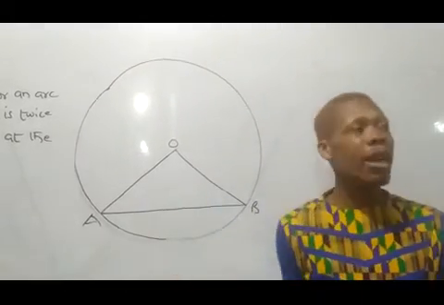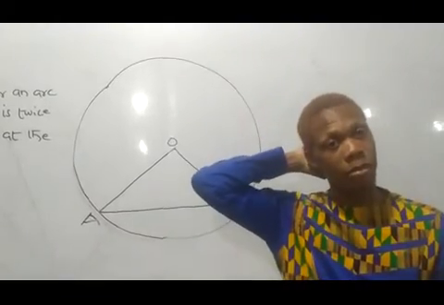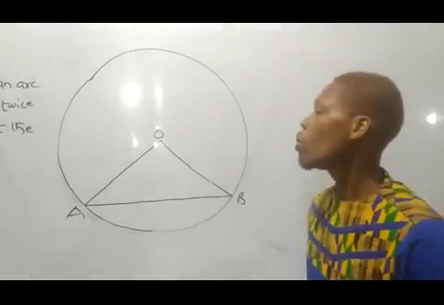Now I will need the same AB to subtend an angle at the circumference. So let's see.